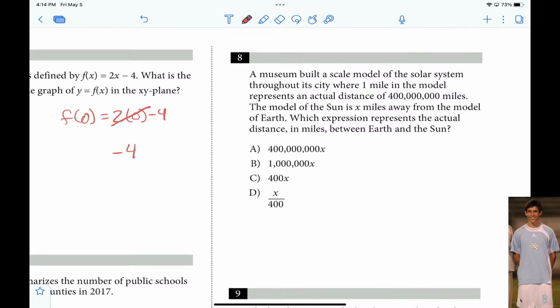So a lot of times when they're saying like a scale model or a scale drawing or something like that, we're probably going to be able to do a ratio. So here they said that basically by the scale, that's the ratio. So 1 mile in the city, or in the model, excuse me, over 400 million.